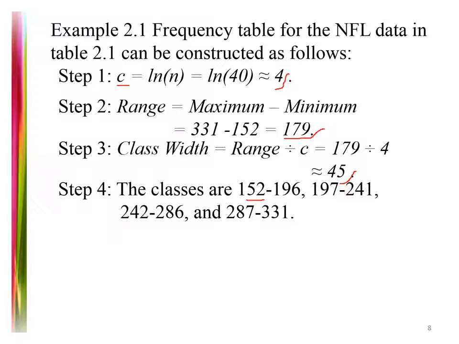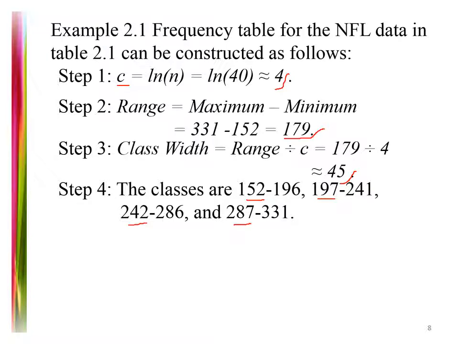So 152 plus the class width 45 should be equal to the second interval's lower value, and this one plus 45 is the third interval's lower value, and this one plus 45 is the last interval's lower value.